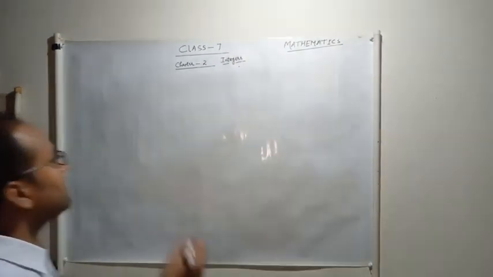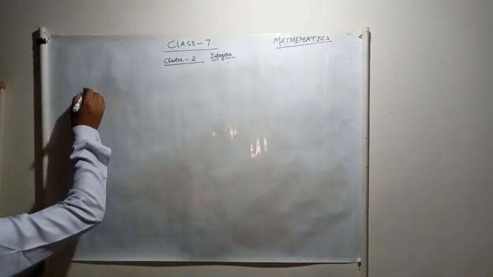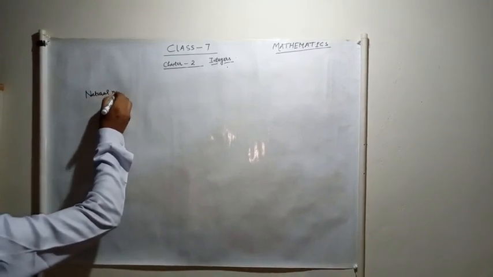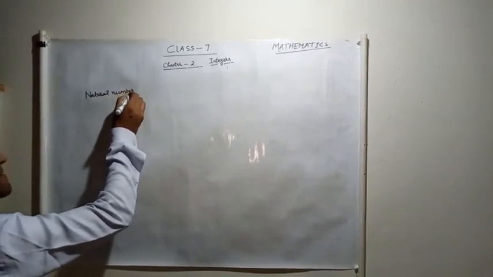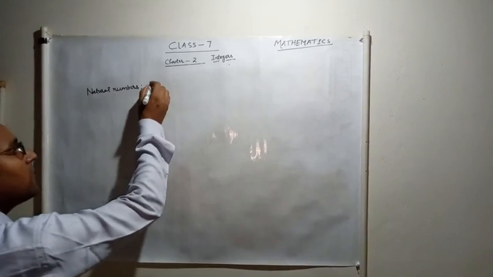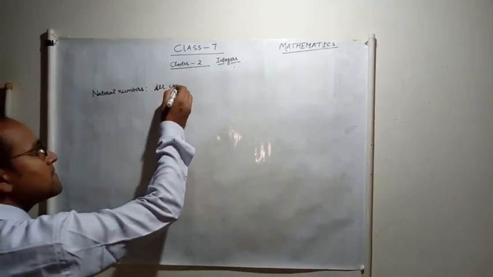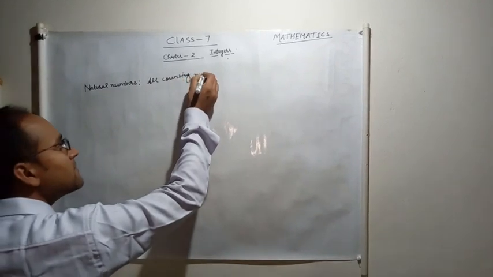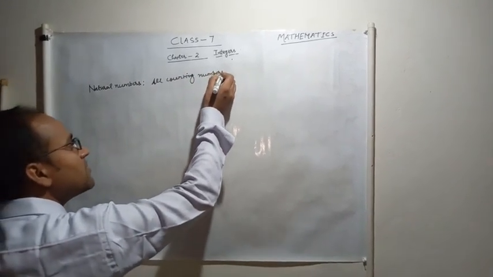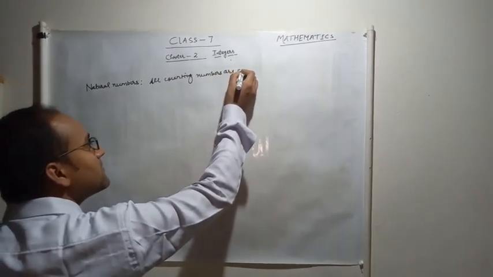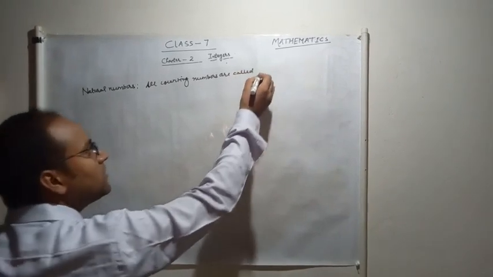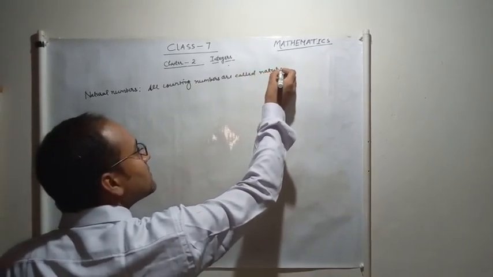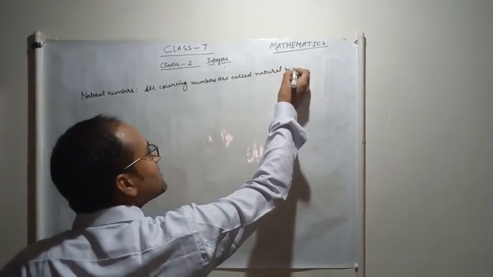First one is natural numbers. All counting numbers are called natural numbers.